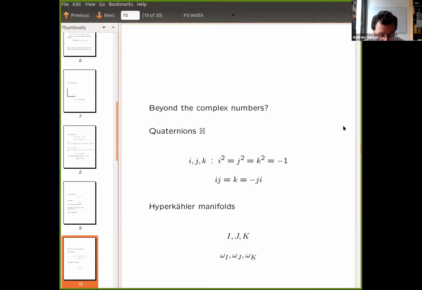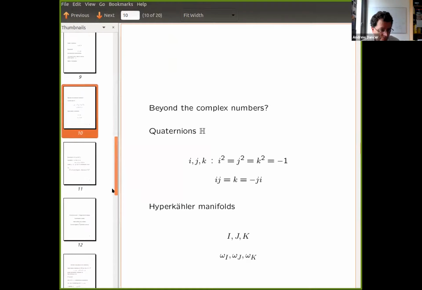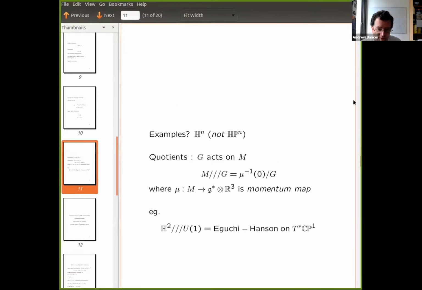We now have a triple of complex structures, I, J, K, that satisfy the quaternionic relations: IJ equals K equals -JI. And of course, because these are supposed to be compatible with the metric, we now have a triple of forms, omega sub I, omega sub J, omega sub K, all required to satisfy the Kahler condition. Examples.